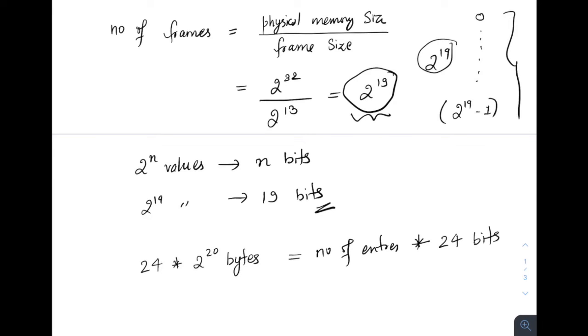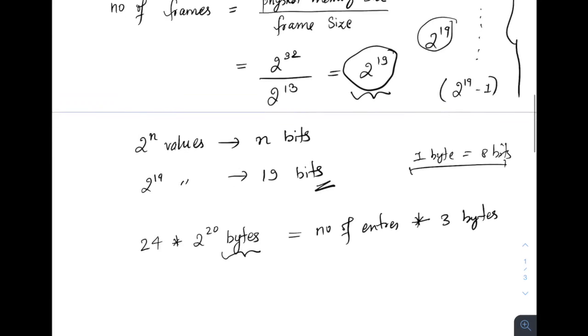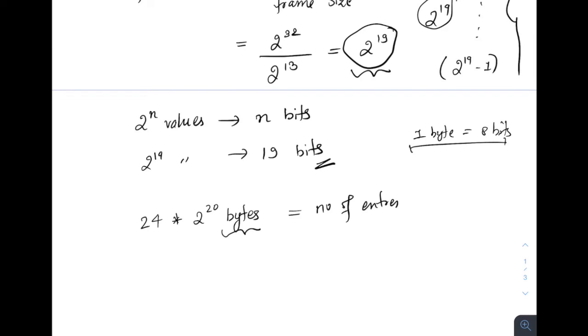Now the issue here is that this is in bytes and this is in bits, right? Both are different. You have to convert all into one unit, right? So what we will do is we will convert this 24 bits. See, 1 byte equal to 8 bits. So basically 24 bits will be equal to 3 bytes. Now the number of entries will be, you can remove from here, keep it here.